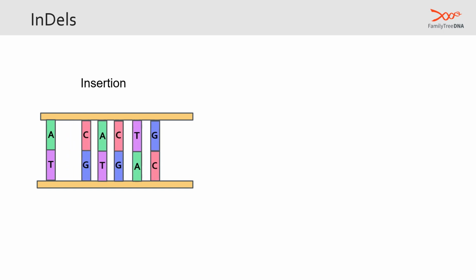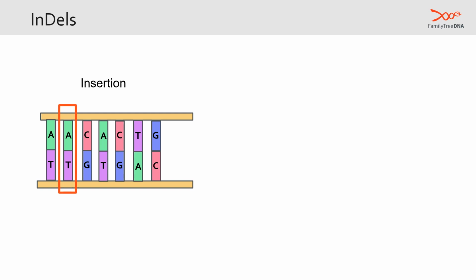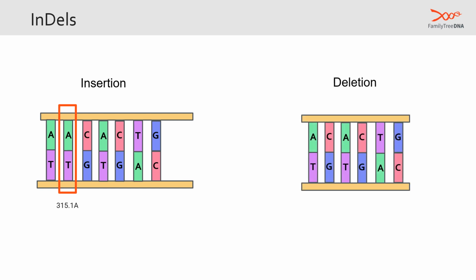So, for example, let's say that right next to the base pair of AT, we get another AT. Now, this one doesn't really belong there, so it doesn't really get its own location. Instead, we just sort of represent it as the same location number, but followed by a decimal point. So instead of 315A, it's 315.1A.